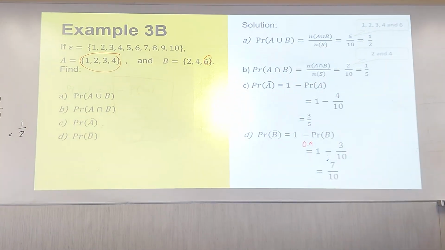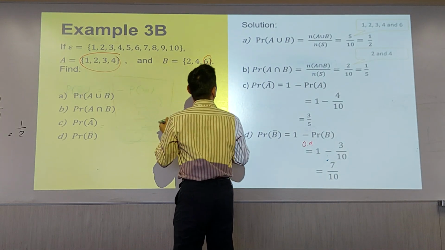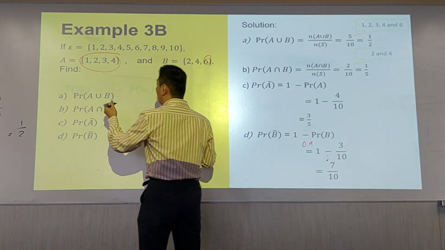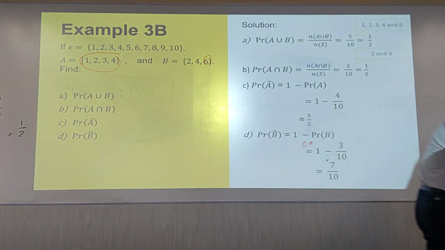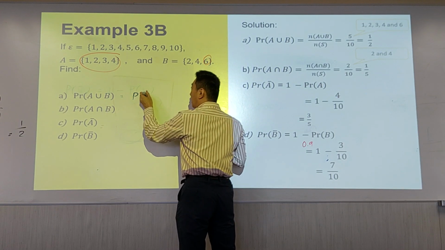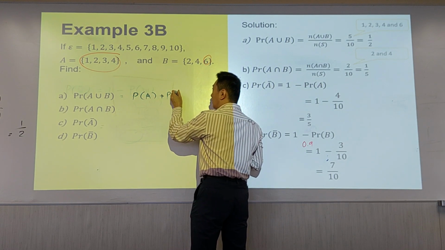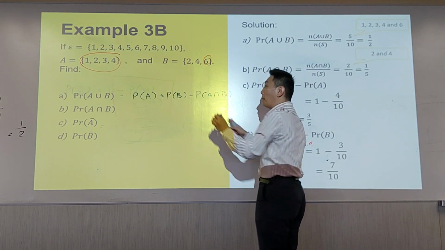If you cannot see the whole picture, you can add one more step. That's another way. You can apply the formula that we learned just now. It is equal to P(A) plus P(B) minus P(A intersect B).